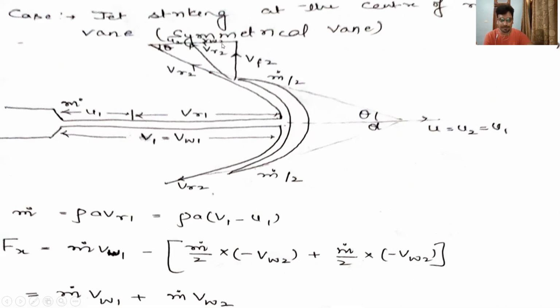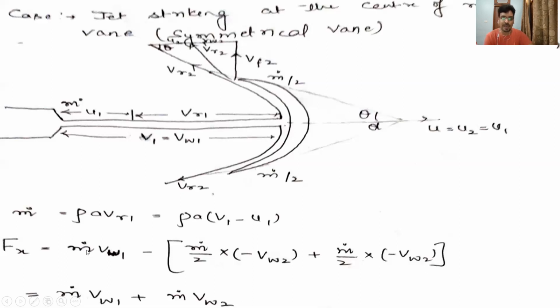So for this case, this Fx, the value of force exerted on this curve vane that is symmetrical in nature when jet is striking at its center. So Fx equals to initial value is m dot into V1, and at the inlet condition V1 is equals to VW1.